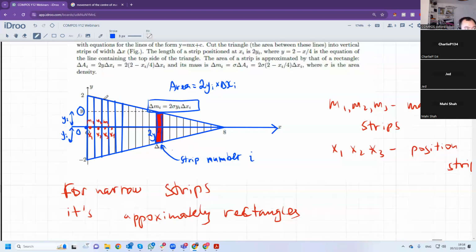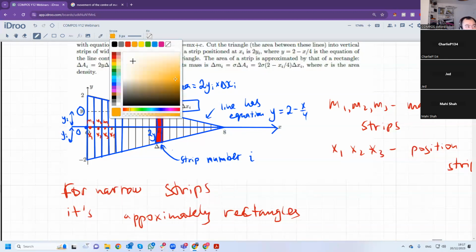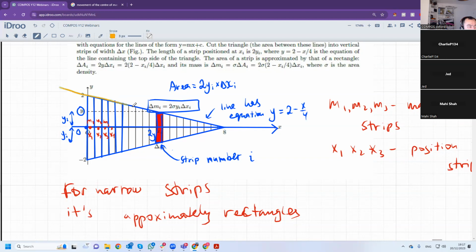If you think about it, the equation for this line is y equals 2 minus x over 4. That's the equation of this line. You can verify that the gradient is minus a quarter and the y-intercept is 2.